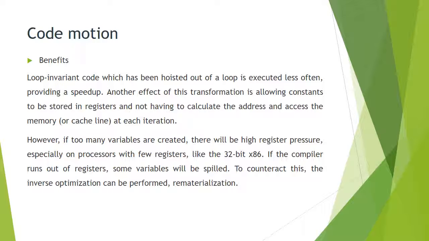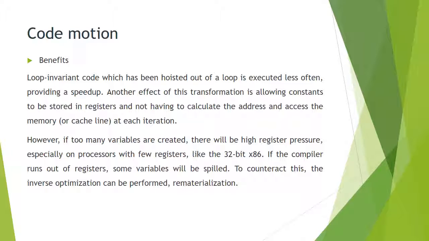So what are the benefits of code motion? First of all, loop invariant code which has been hoisted out of the loop is executed less often, providing a speedup. Another effect of this transformation is allowing constants to be stored in a register and not having to calculate the address and access the memory or cache line at each iteration.